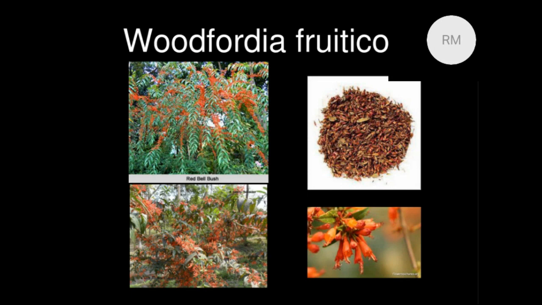It's an astringent substance, which means it is able to stop diarrhea. And it's also very good in female menstrual disorders. It can produce excess discharge from the female genitalia. It controls the excess.